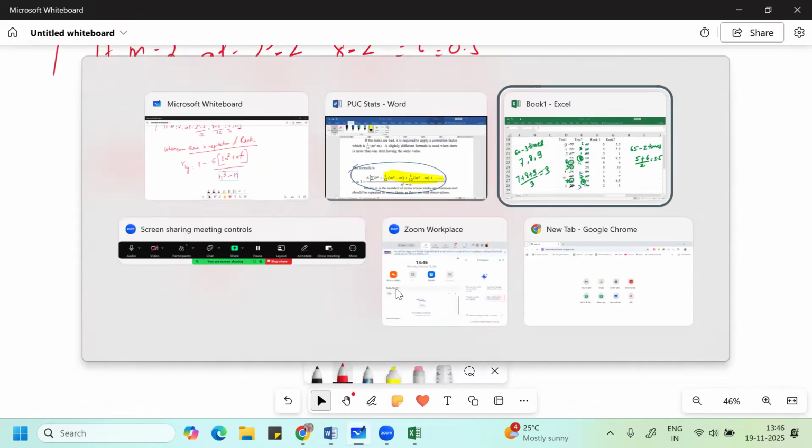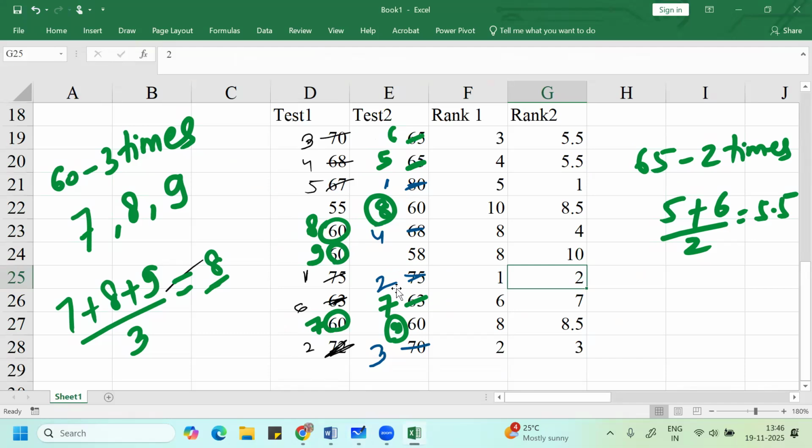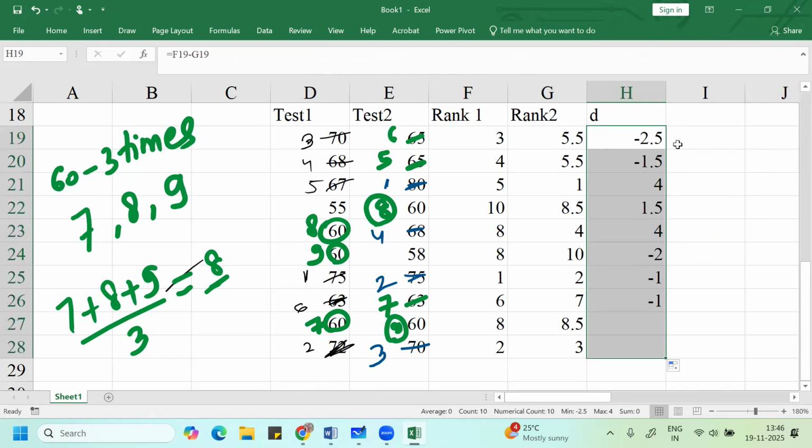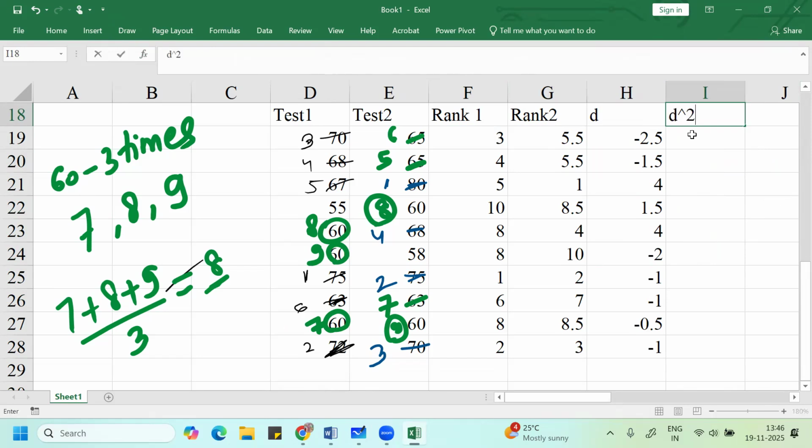So here now what I will do, I'll find the difference of rank. D is nothing but difference in rank.